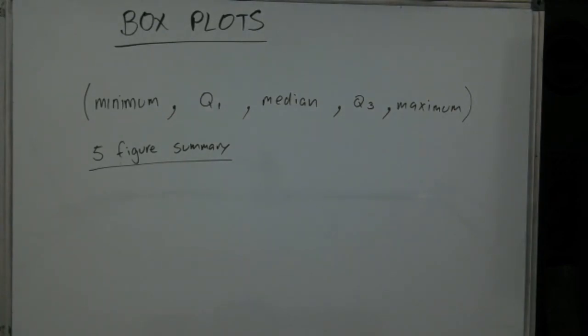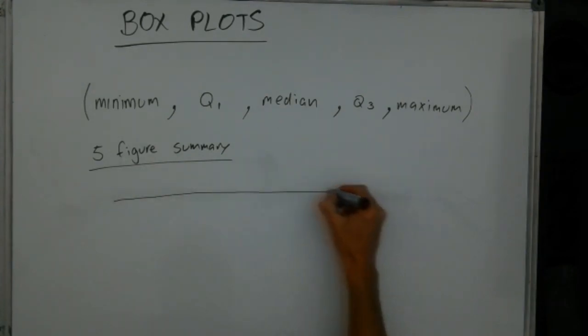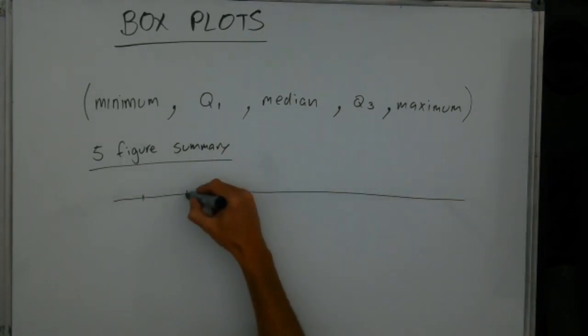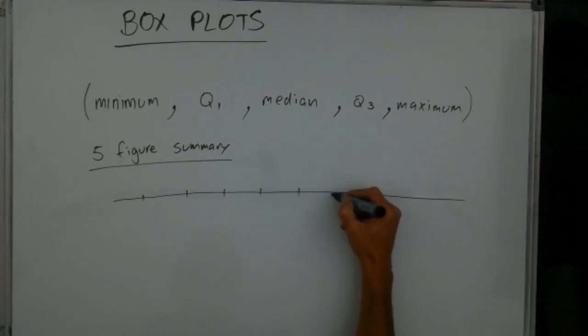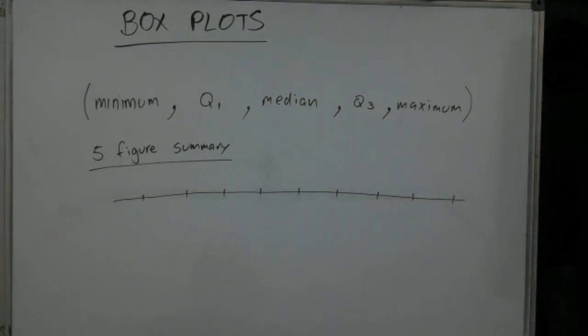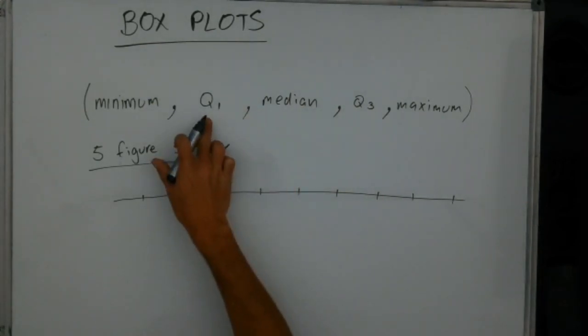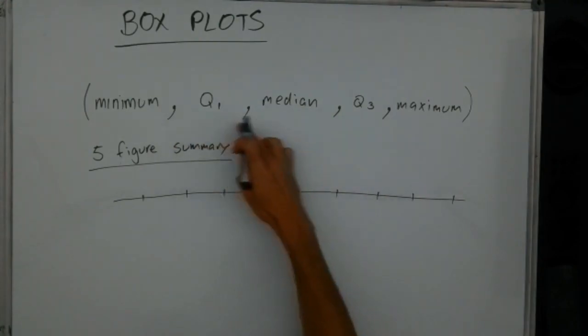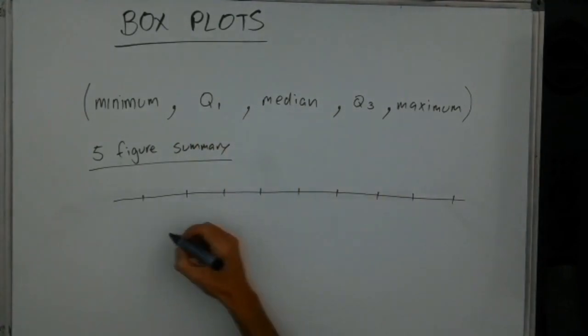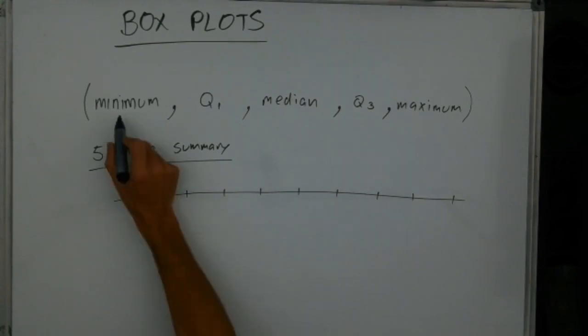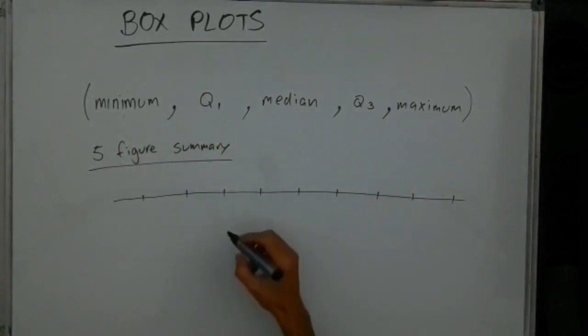So when we draw these, I like to do a regular scale, so whatever the data is, make sure this is regular, and essentially the box bit is between Q1 and Q3, and we have the whiskers coming out as the minimum and maximum.